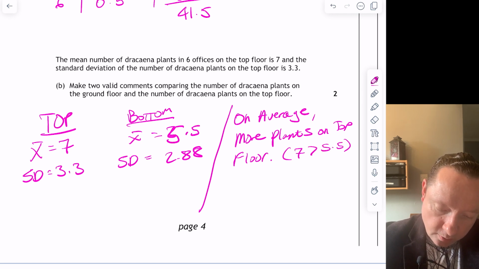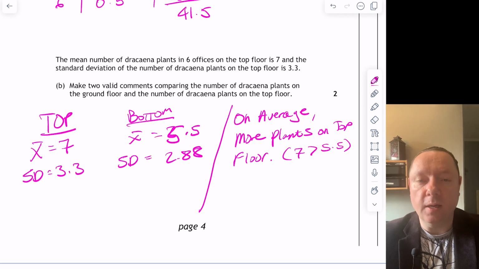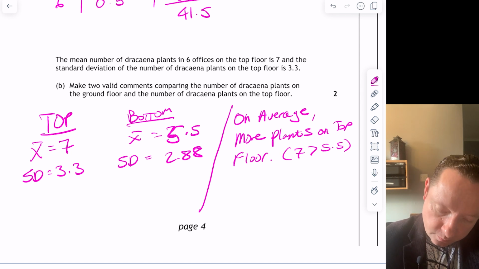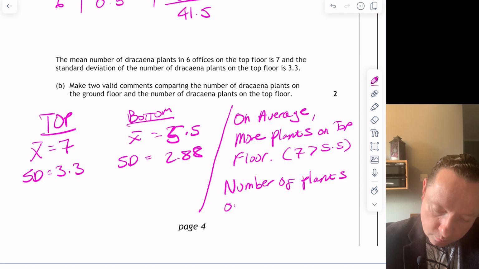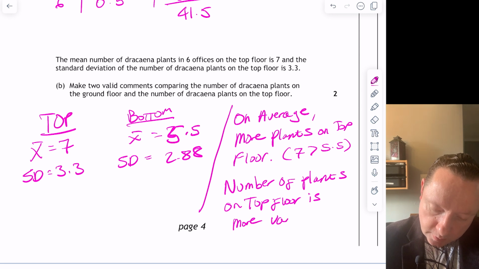Now using our standard deviation, the number of plants on the top floor is more varied, and that's because 3.3 is greater than 2.88.